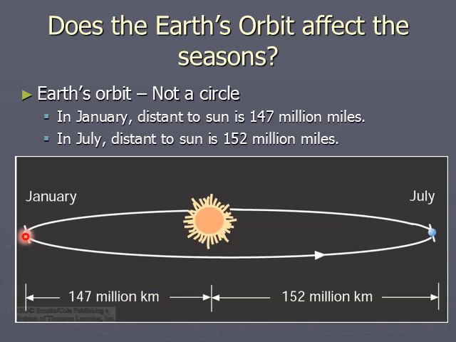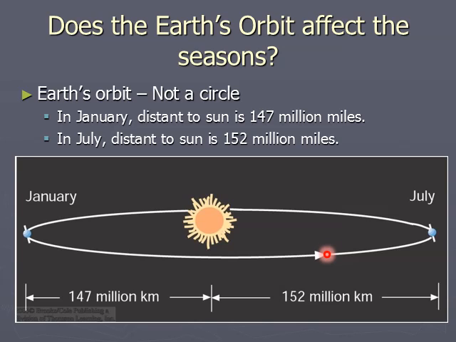In the middle of winter in January, the sun is 47 million kilometers from Earth, and in summer it's 42 million kilometers. So when is the Earth closer to the sun? If you think about it, it's farther away in the summer. So how can it be warmer in the northern hemisphere in the summer when it's farther away from the sun?